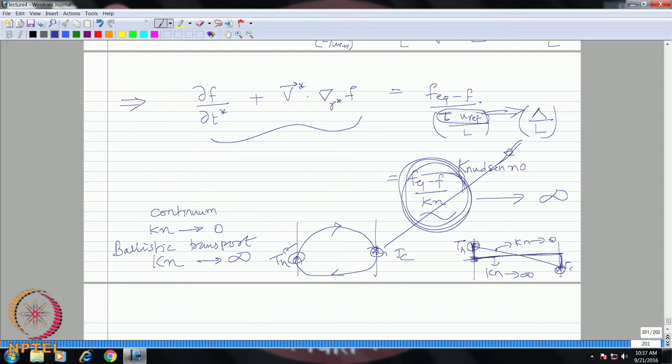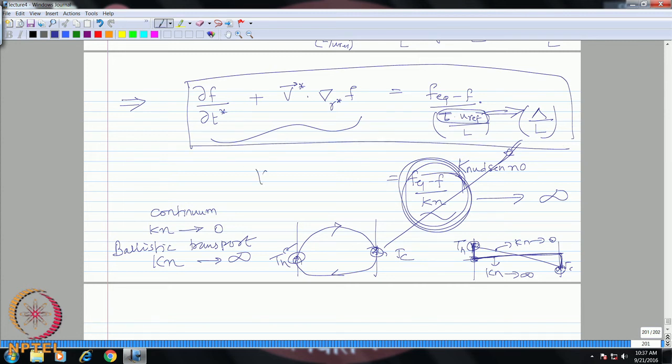So, therefore, this particular equation here is valid for all the Knudsen number ranges from 0 to infinity, right, because it can recover the continuum equations on the lower Knudsen number regime, and in the higher Knudsen number regime it will become a unique solution.